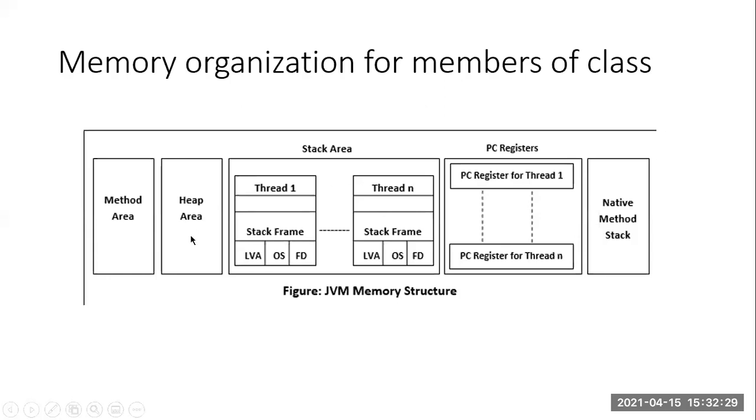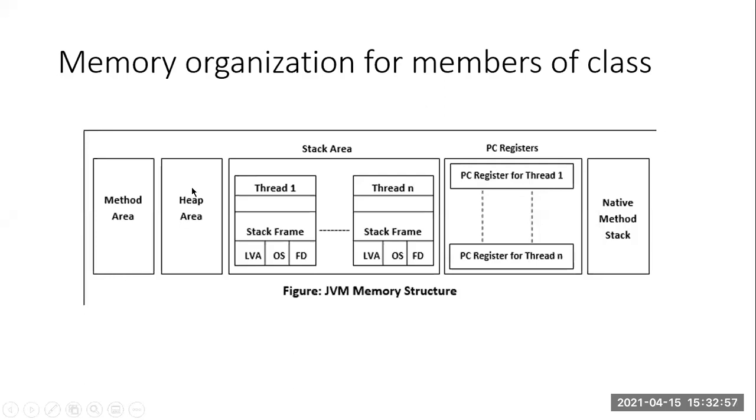The heap area consists of an object for each and every class in the method area. So classes in the method area will be forwarded by the JVM when the object has been created. Inside the heap area, the objects are referred to by the hash code, which is a unique number, at the time of execution of a particular program.